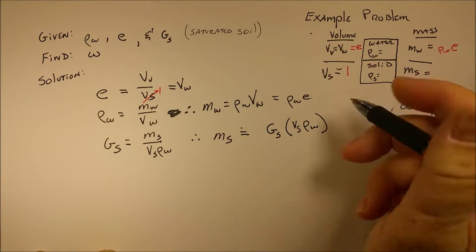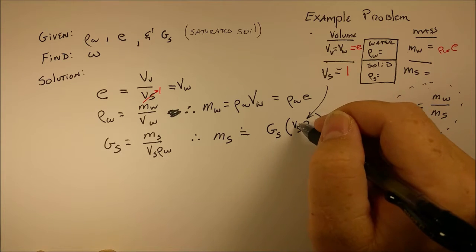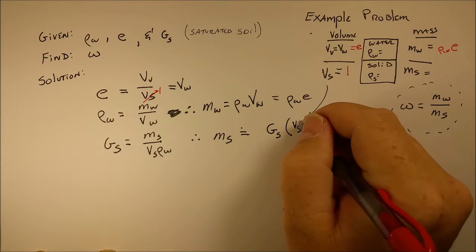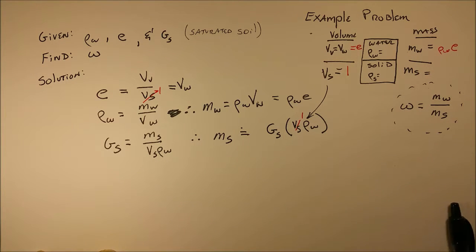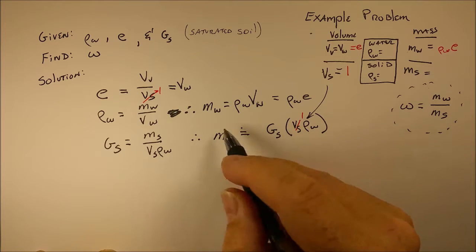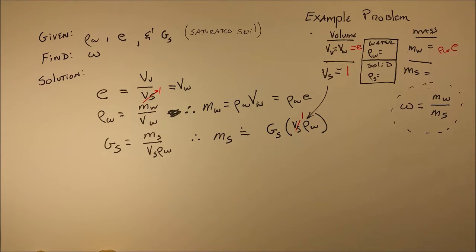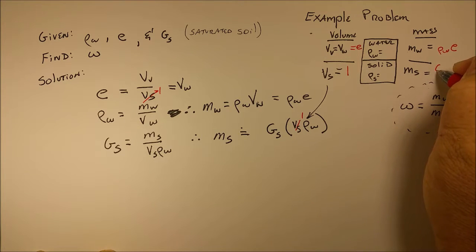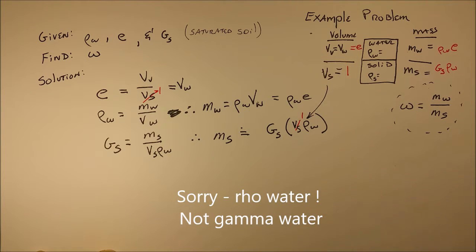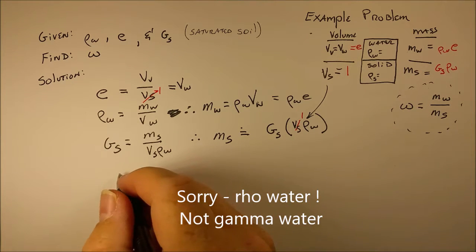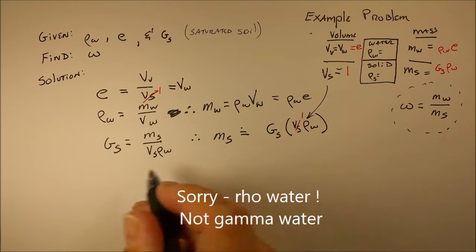Now if you remember what we did, V sub S goes to 1, and so therefore your entire equation right here then goes to the specific gravity of solids over the gamma of water. So we're almost there. Okay, we're almost there.